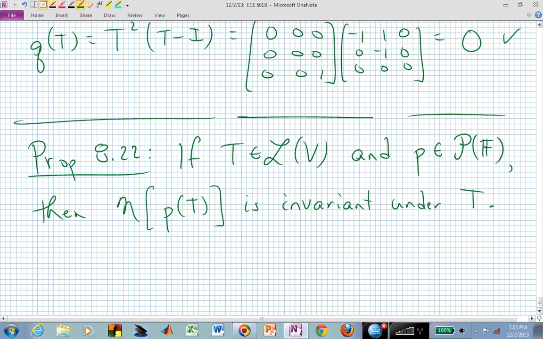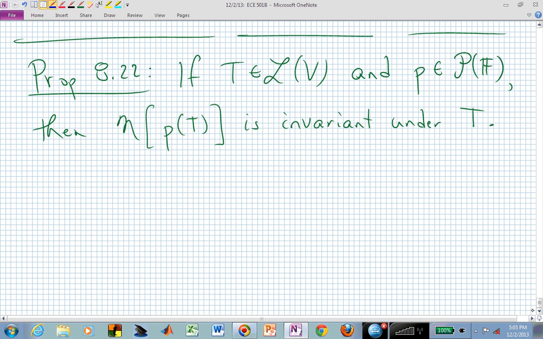Let's look at the proof of this. The proof isn't long, so let's just quickly convince ourselves why this is true.